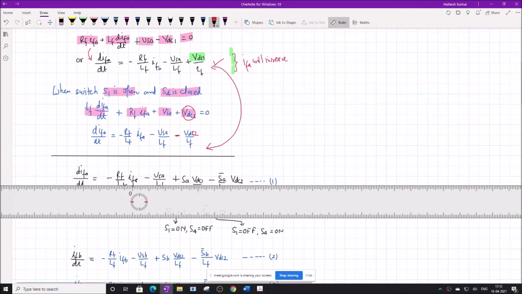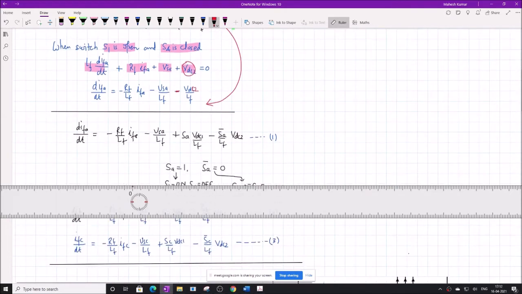And for the complementary mode, when S4 is on and S1 is off, then the driving force is minus BDC2. It means we will connect to minus BDC2, and what it will do, it will reduce the current to lower values.